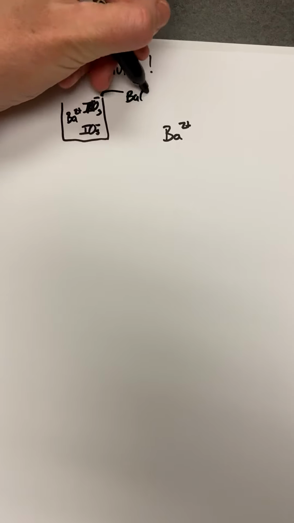So what happens in solution is we've got these barium ions, and we've got iodate ions. And if you take a closer look at them, as soon as you put them into solution, they're usually surrounded by water. But we said, hey, we're adding barium nitrate, right?